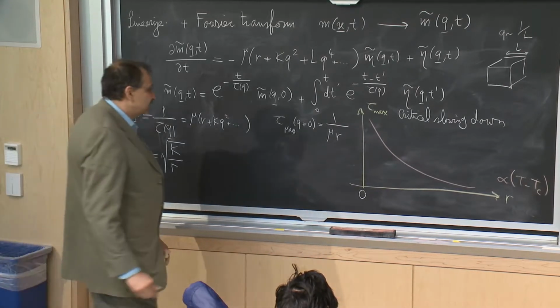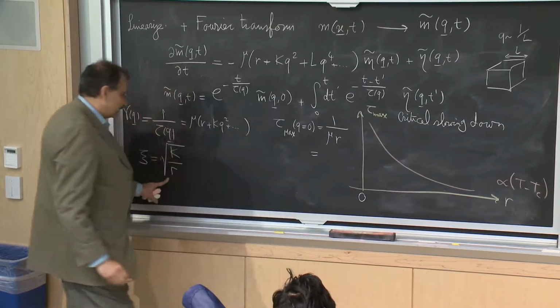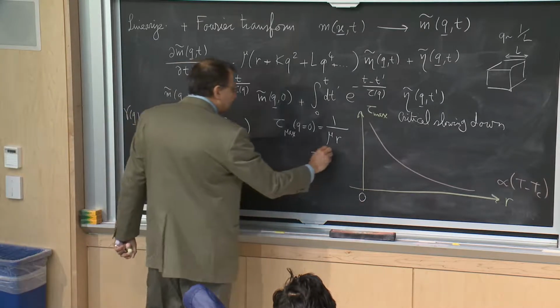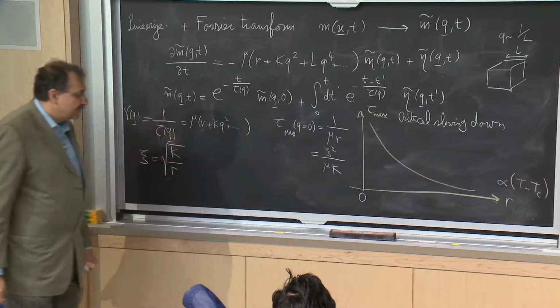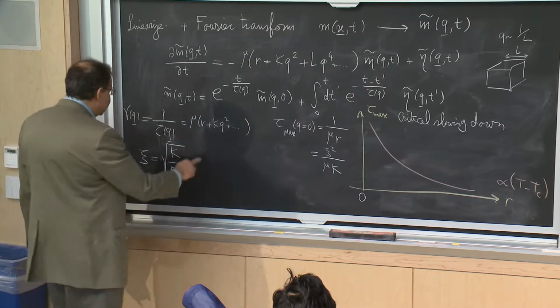So we can see that this tau max is actually related to psi squared over mu k.